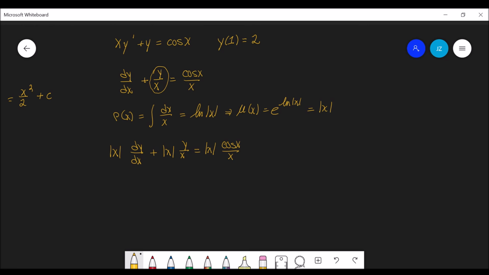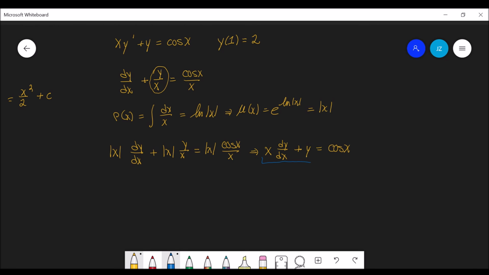Now, without loss of generality, I'm going to assume that x is positive. So we can rewrite this as x dy/dx plus y is equal to cosine of x.